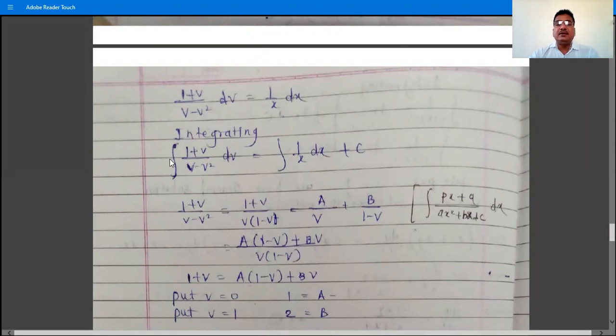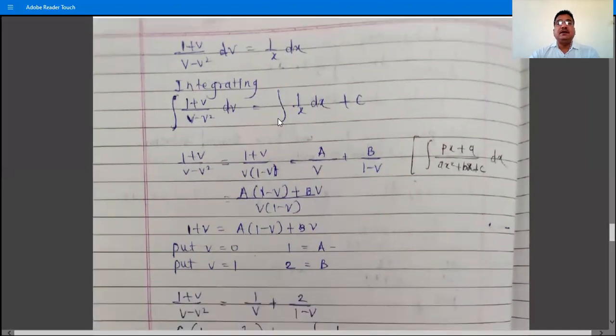So integrate both sides. Integration of 1 plus v divided by v minus v square dv is equal to integration of 1 by x dx plus constant of integration.